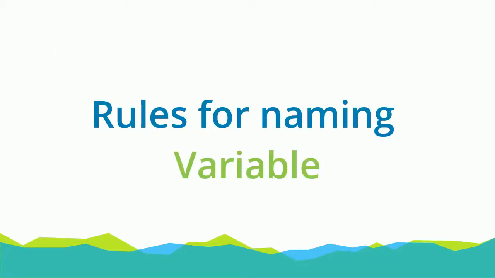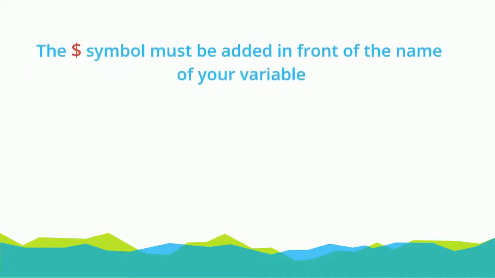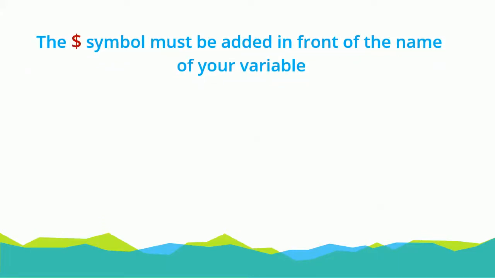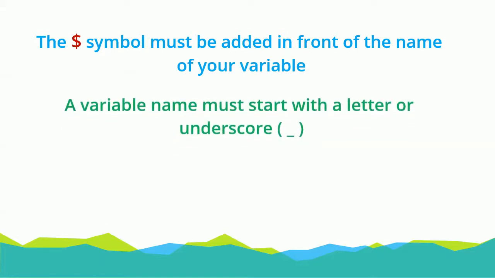When using a variable in PHP, there are certain rules that you must remember. First, the $ sign or the string symbol must be added in front of the name of your variable. The name of the variable must start with a letter or underscore.